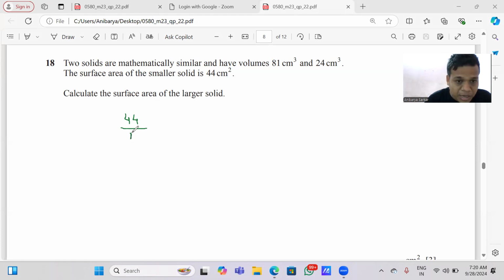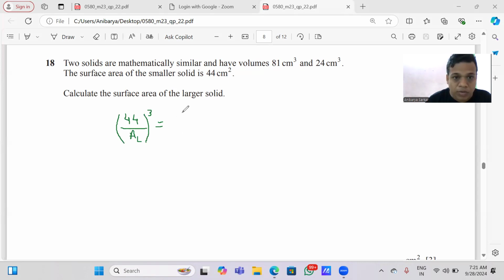So area, surface area, means A, larger solid. I mention L on the denominator, with the square of this ratio and the cube of this ratio. The cube of this is equal to volume. They have given the volumes of the two solids, 81 and 24.